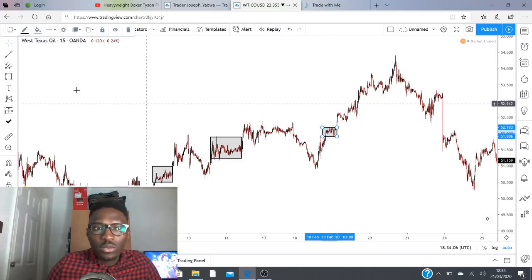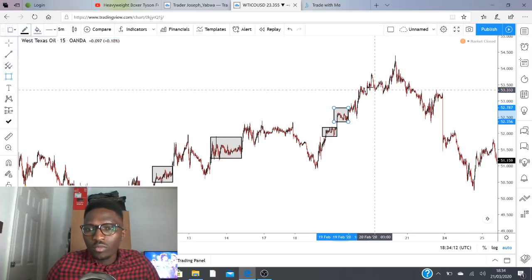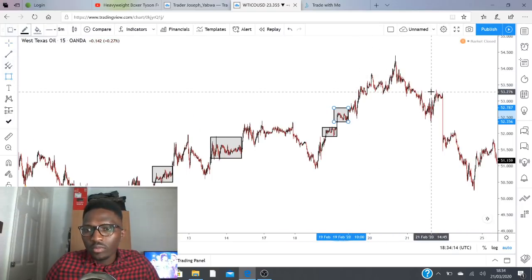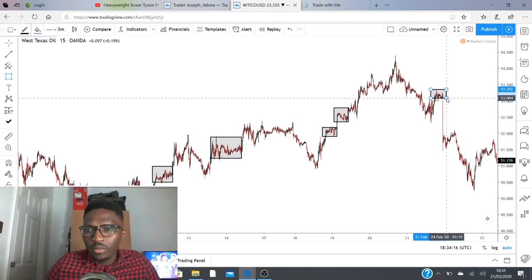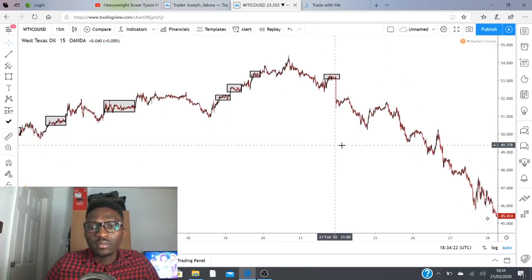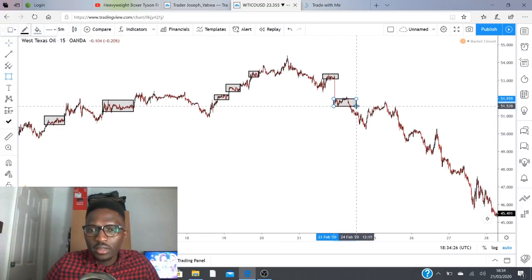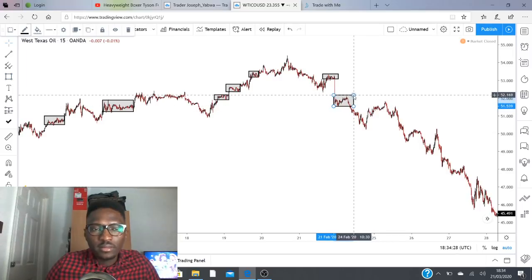First of all, I'm going to get the boxes. Another one here, we can put a box there. We can put another box there. Let's follow the chart and put another box there.